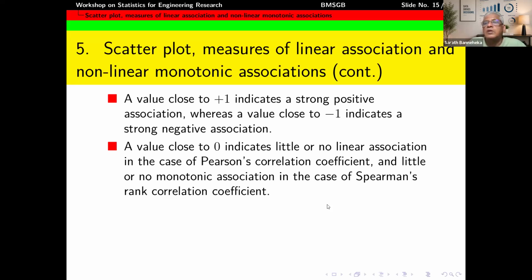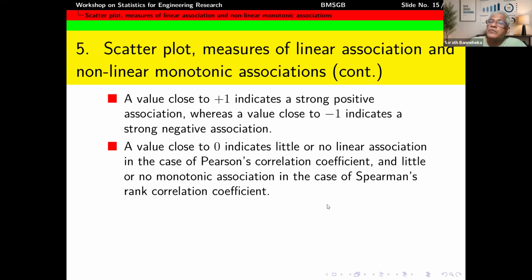In case of RS, it indicates there is no monotone relationship. Close to 0, that's what I mentioned, between -0.25 and +0.25, roughly. This is not a universally accepted rule, but generally that is the indication.